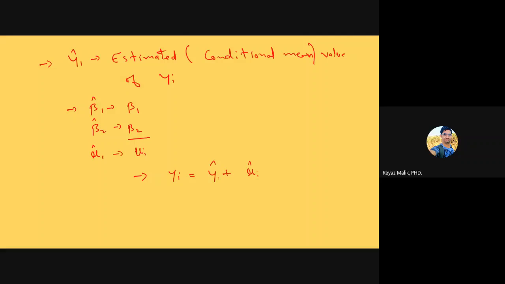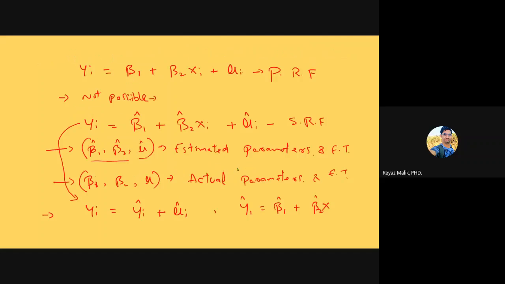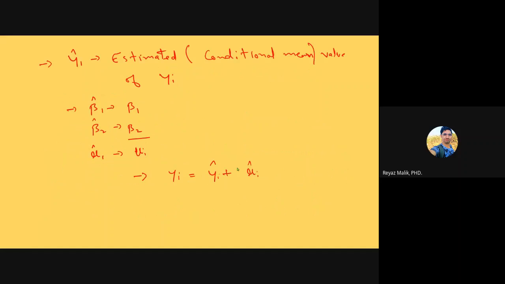Okay? That we have learned in the last slide. Actual yi is the estimated one plus error.